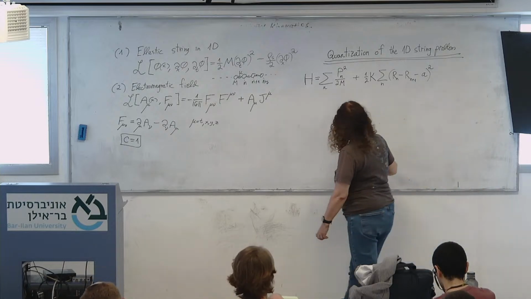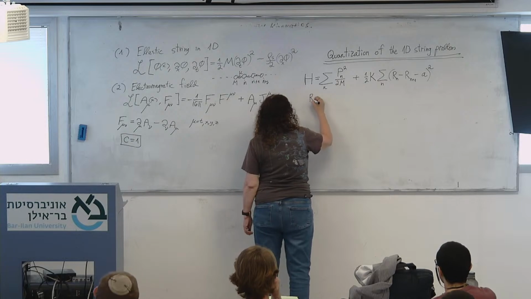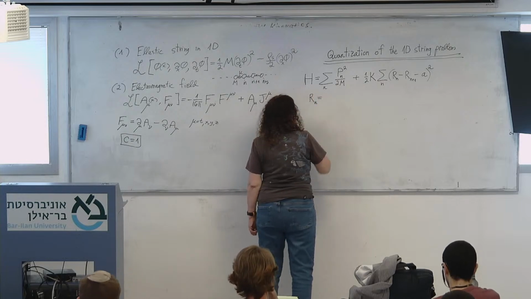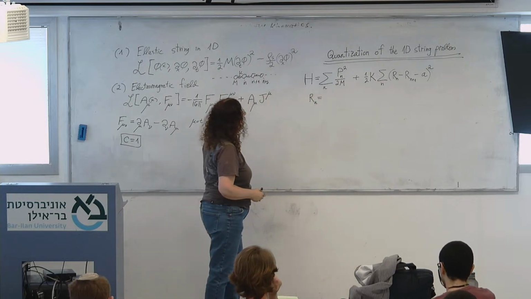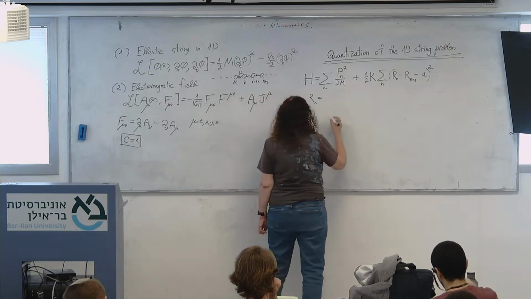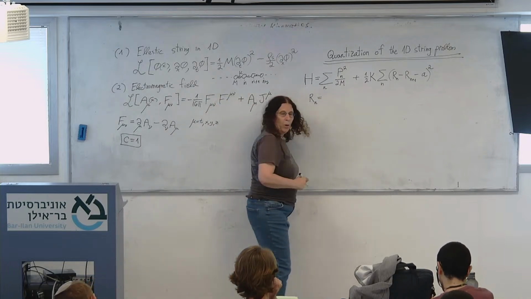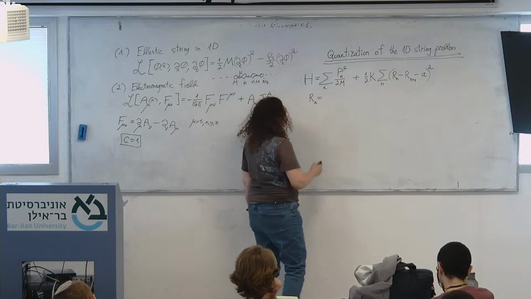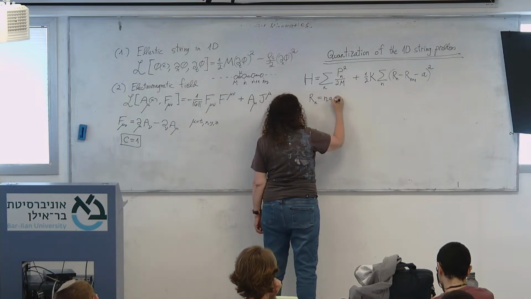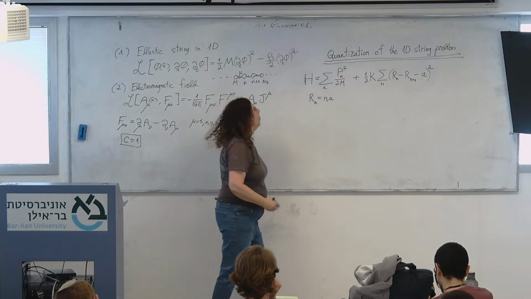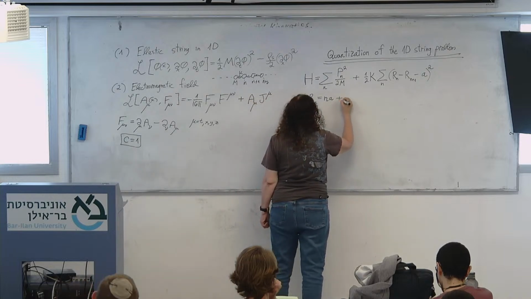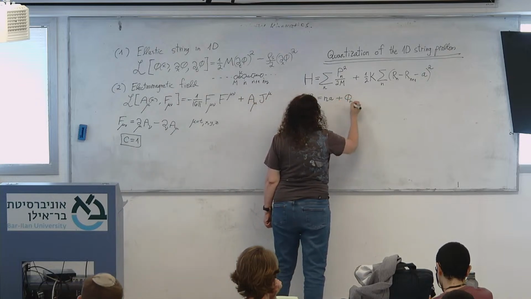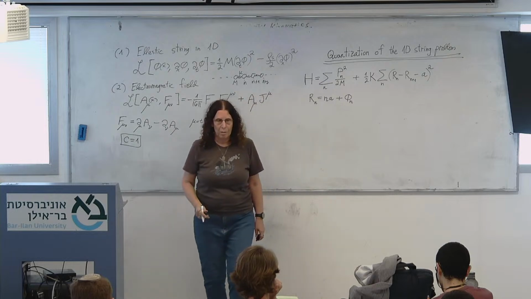Well, we would like to say that the coordinates Rn are given by the equilibrium position, which is just n times A, plus phi, where phi is the displacement.